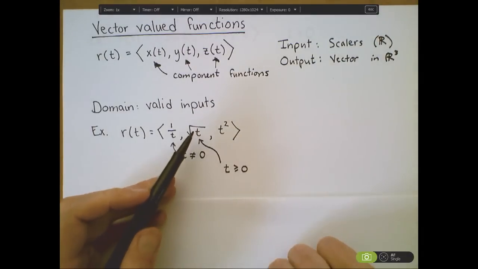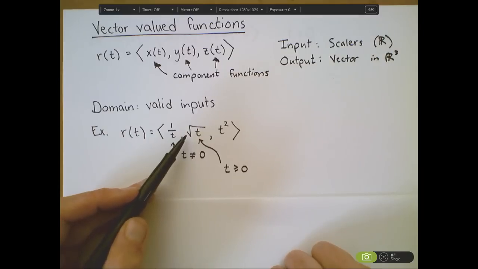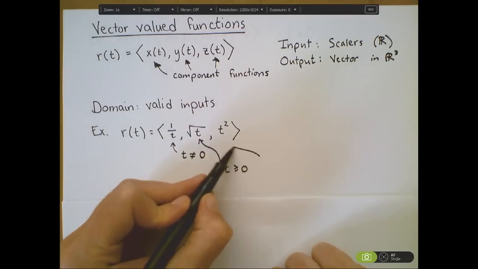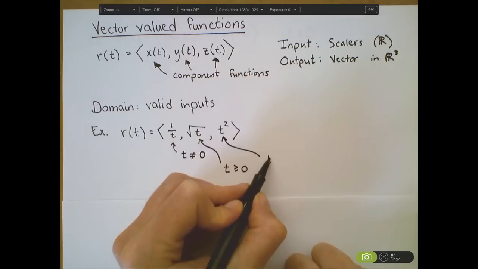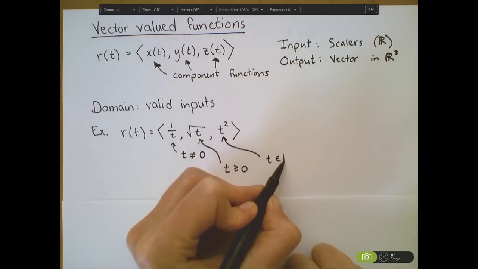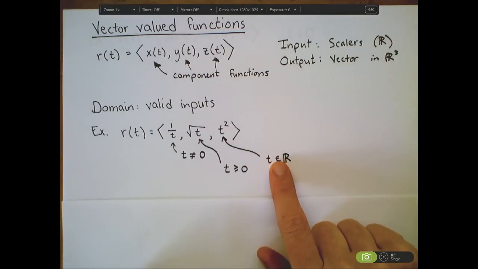We need positive values of t because we can't take square roots of negatives and still end up with real values. And then finally, for our last component, t could be any real number. This is saying that t is an element of R, the real numbers.